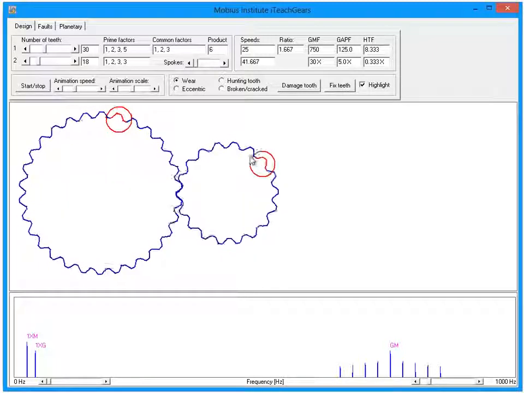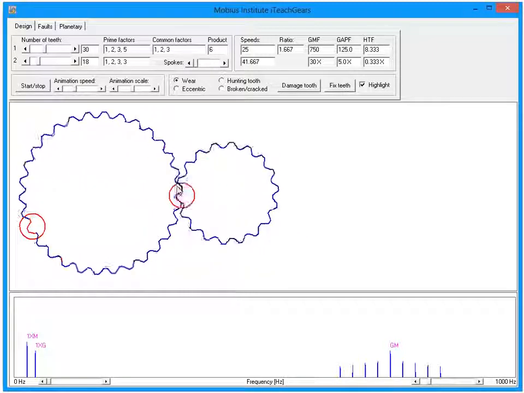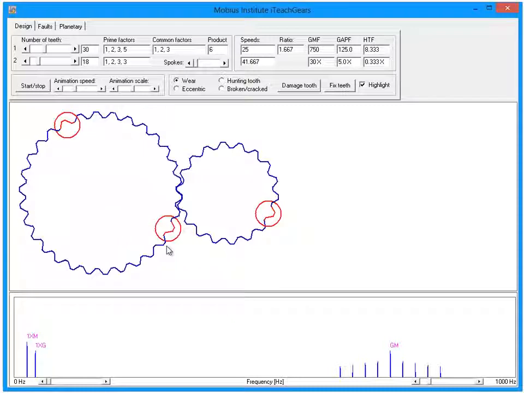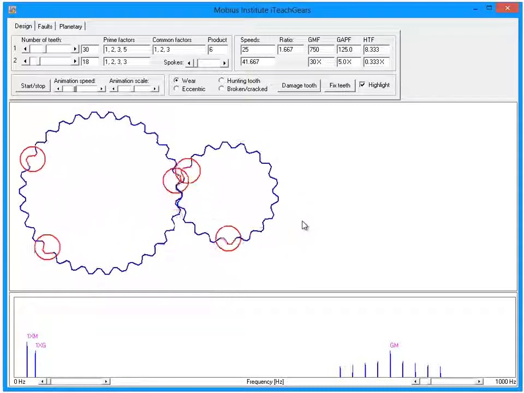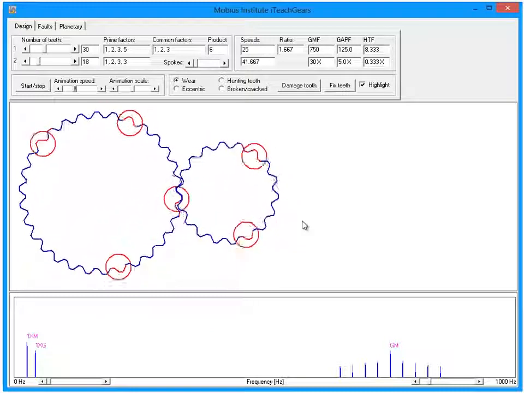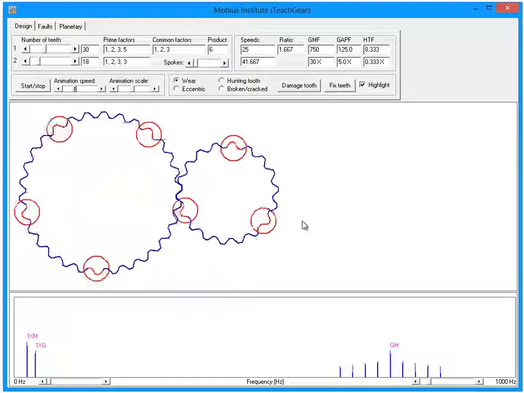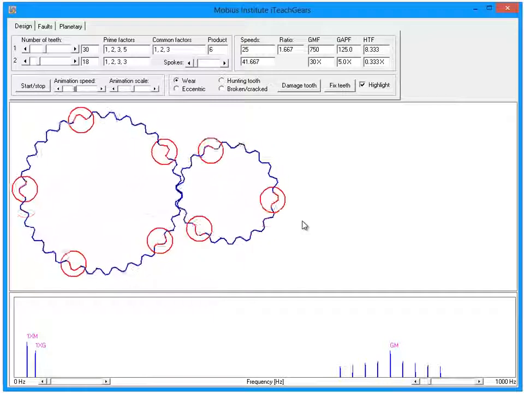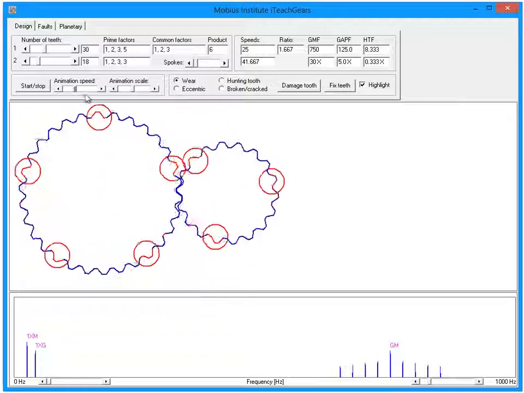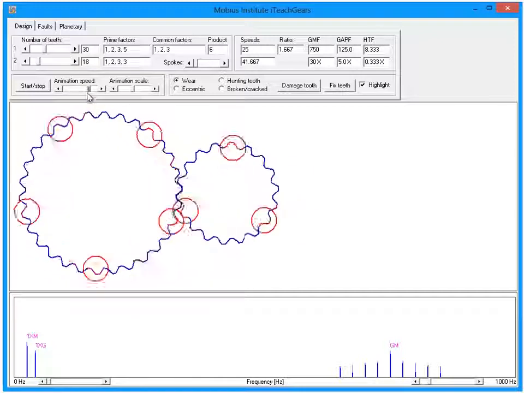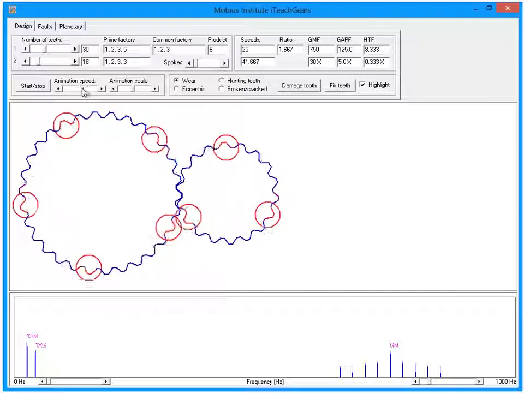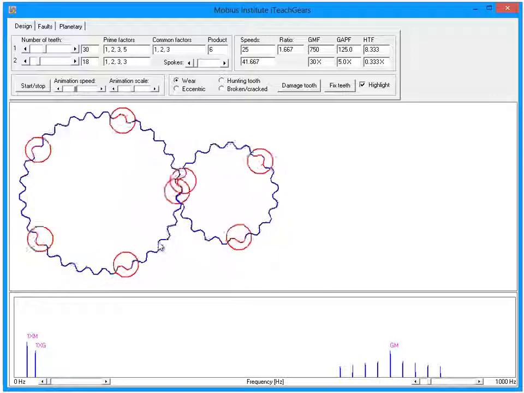So it damaged that one just a little bit, that damaged that one, that damaged that one, etc. Now if we keep watching, in this instance we will see the strange thing that I started to mention before, and that is, no matter how long we wait, no additional teeth will come into contact with those red teeth.